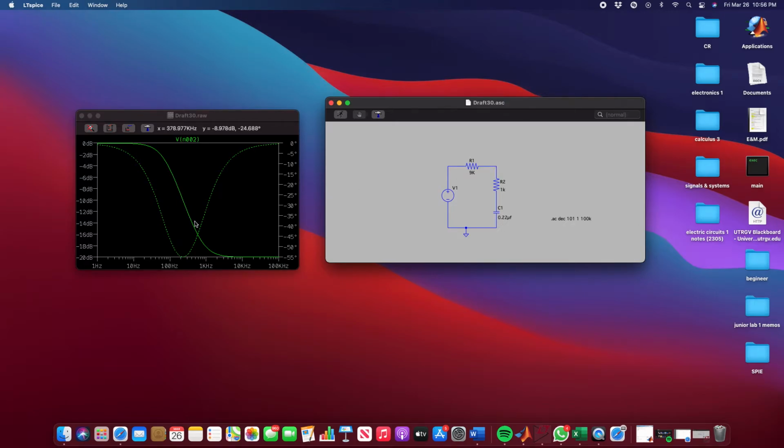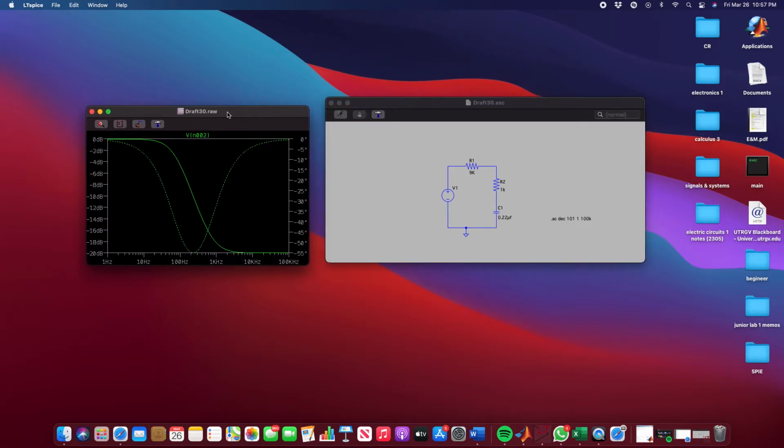This solid line, or solid part of the graph, is my Bode amplitude, and this dashed line is the phase of the Bode plot, or another name for it would be the Bode phase. And this is what we're looking at, specific to this circuit.